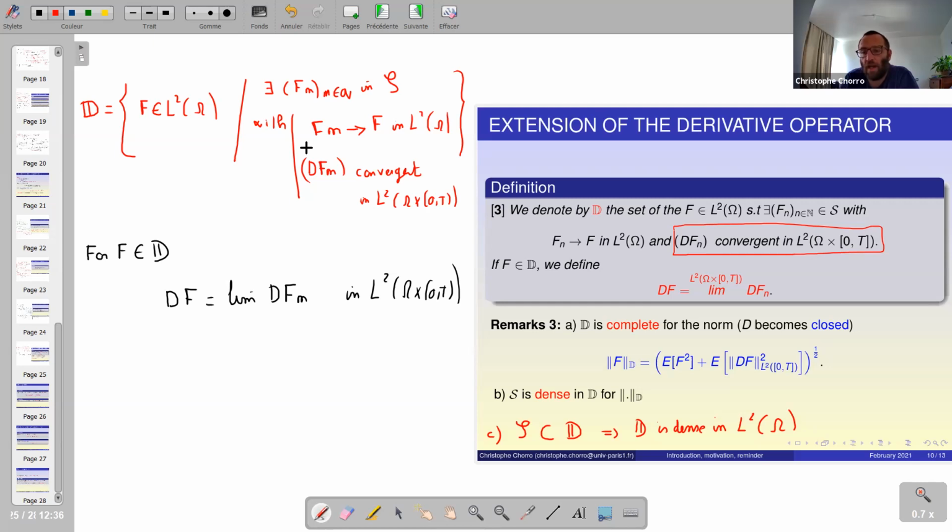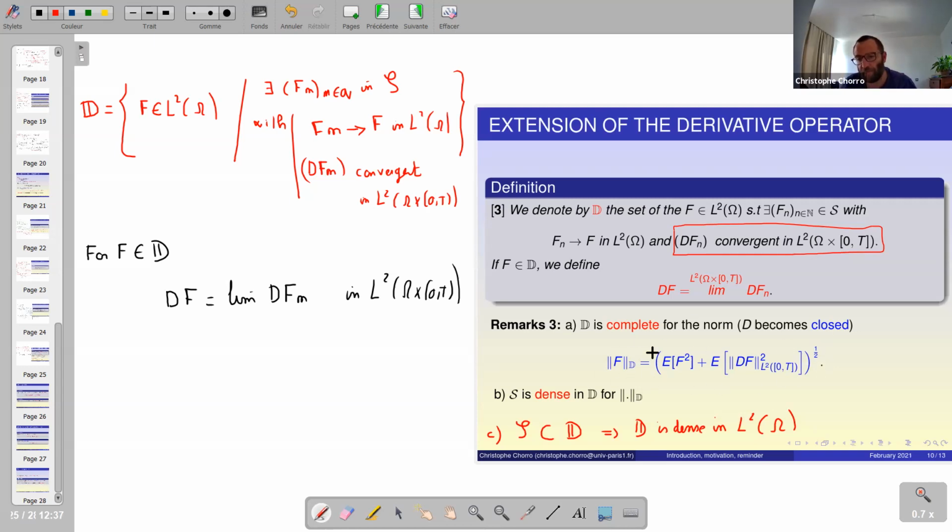So what is the way I build D? I consider all the sequences in S such that the sequence is convergent in L2 and the sequence of the derivatives is convergent in L2 of omega times 0 capital T. And for these sequences, the limit will be in D. So in functional analysis, or in classical analysis, the way I have built D is to build it from S and to consider the completion of S for this norm.